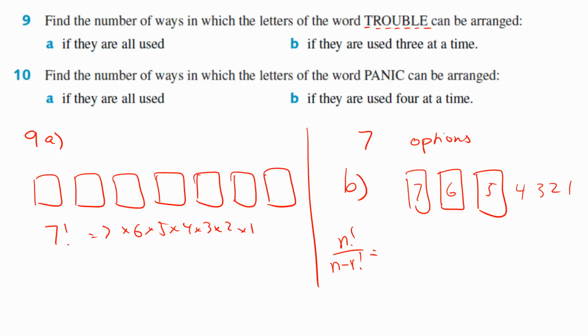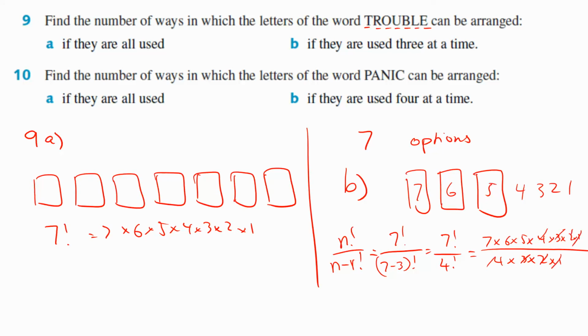That's why you do 4 factorial. So if you really think about it, 7 factorial divided by 7 take away 3 factorial, which is 7 factorial divided by 4 factorial. That's why it makes sense when you break it apart. 7 times 6 times 5 times 4 times 3 times 2 times 1 over 4 times 3 times 2 times 1. These cancel out.